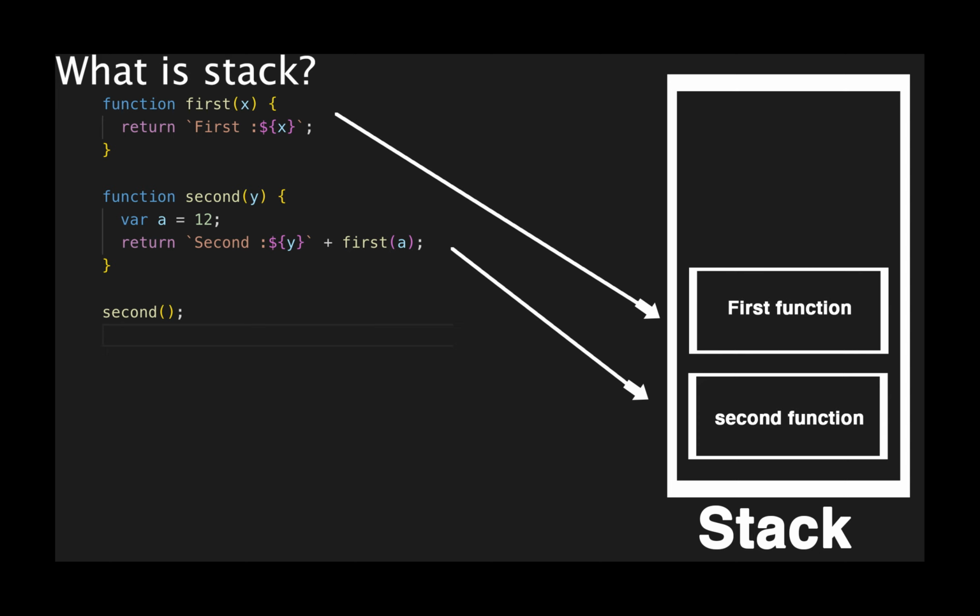When JavaScript wants to execute the code, first of all, the square function pops from the stack, and after that, the cube function pops from the stack. This is how the stack works.